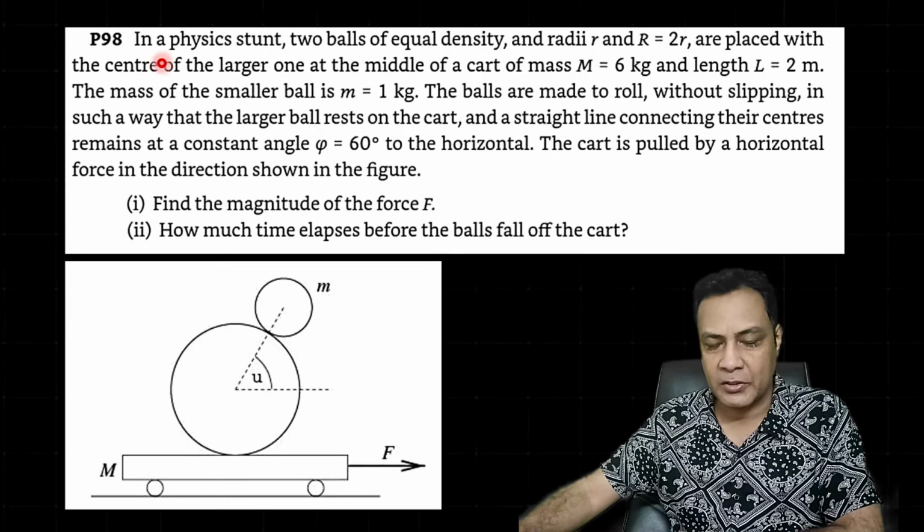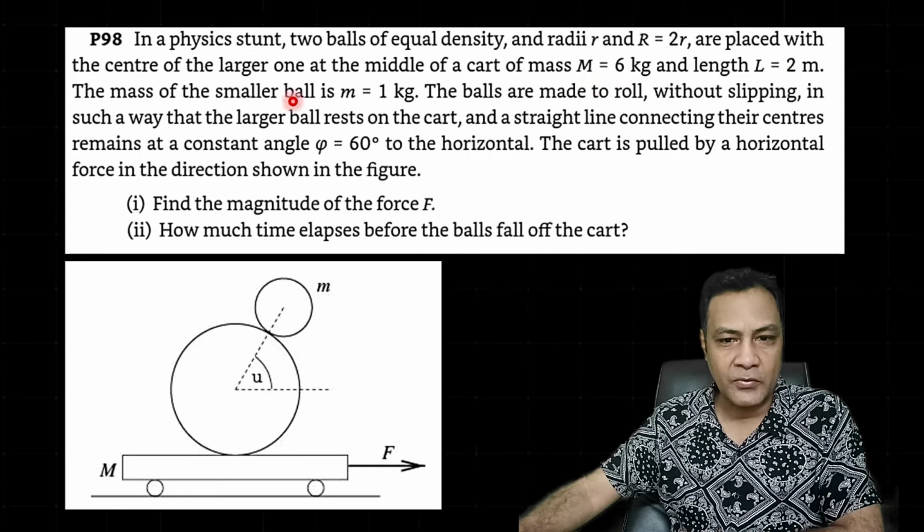The question states: two balls of equal density, of radius r and 2r, are placed with the center of the larger one at the middle of the cart of mass capital M and length L. The mass of the smaller ball is small m.